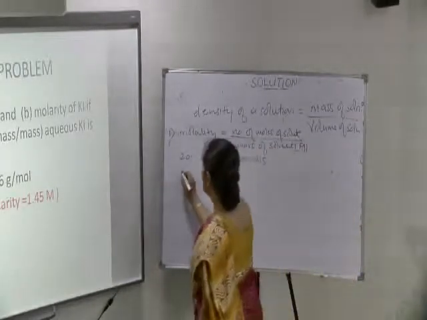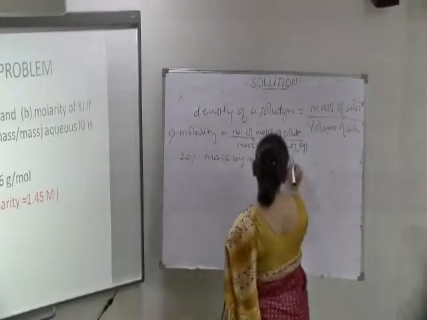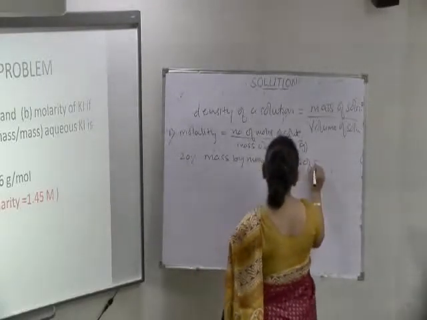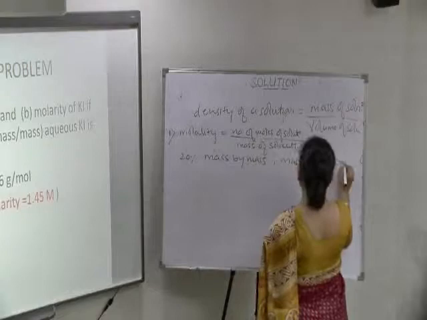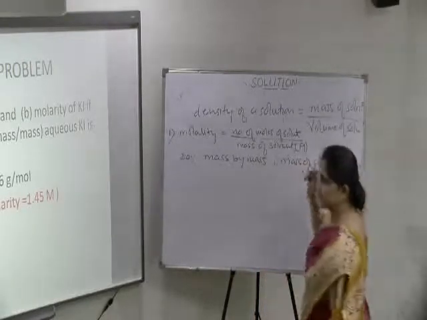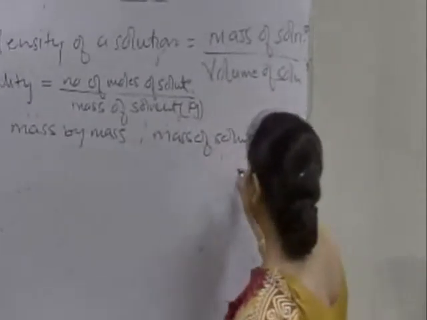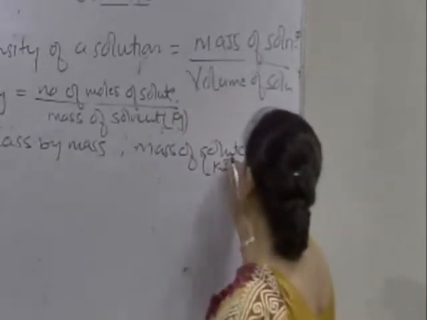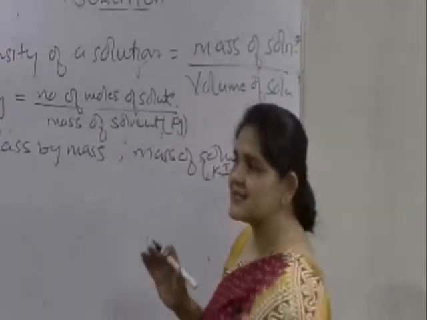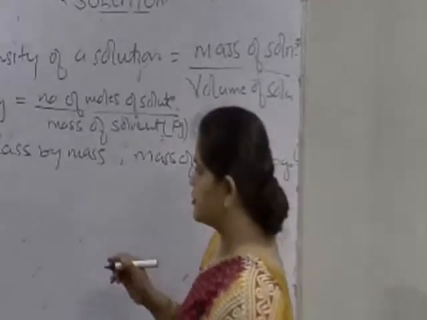So, the mass of your solute is 20 grams, which in this case is your KI, that is the potassium iodide. It's 20 grams of the KI present in 100 grams of the solution.